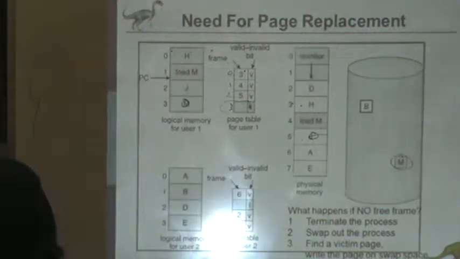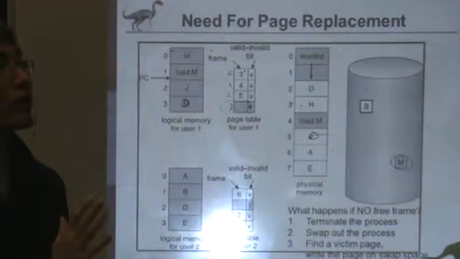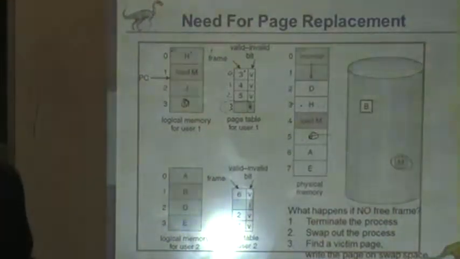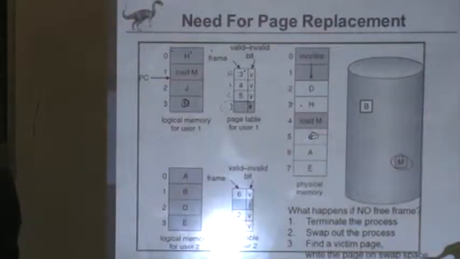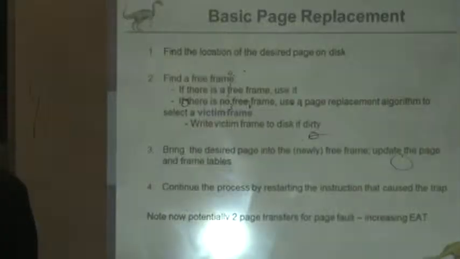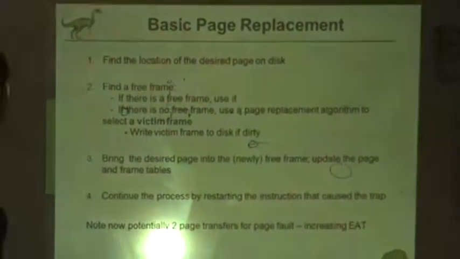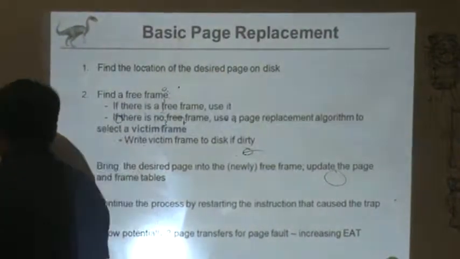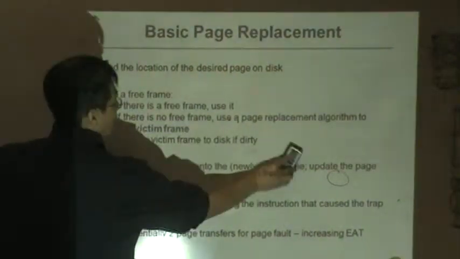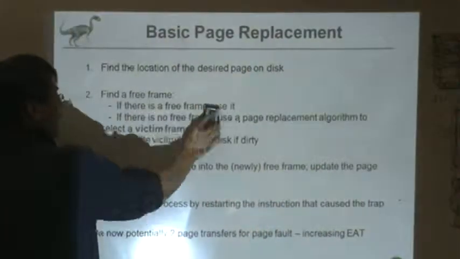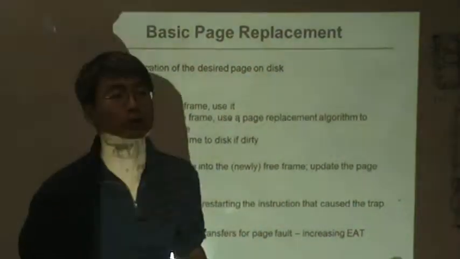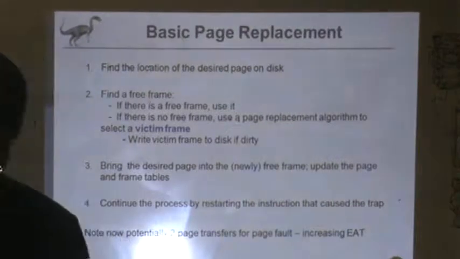So at that time, a simple idea is first in, first out, because it's old, so it deserves to be out. The key part is how to design the victim page selection. If we had a free frame, we wouldn't have to replace the pages.